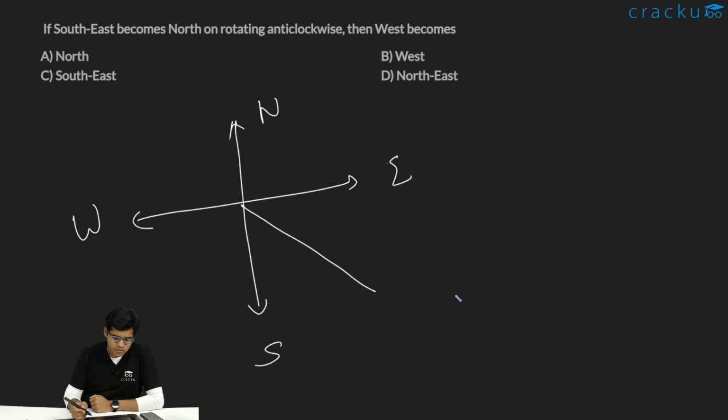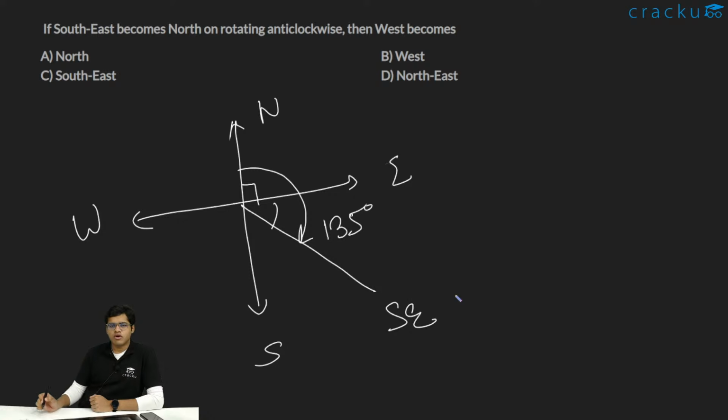So southeast is becoming north on rotating anti-clockwise. Means what I can say is that this is 90-degree, this is 45-degree. So when north is rotated by 135 degrees in total, and when it is rotated clockwise, it is becoming southeast. So I also now need to rotate southeast by 135 degrees, right? Or I can say west.